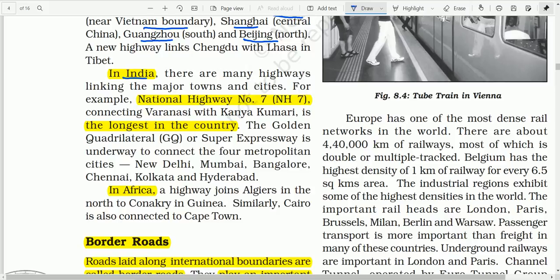And in India, there are many highways linking major towns and cities. For example, National Highway number 7, NH7, connecting Varanasi with Kanyakumari, is the longest in the country. Remember, National Highway number 7 is the longest in the country, connecting Varanasi with Kanyakumari.